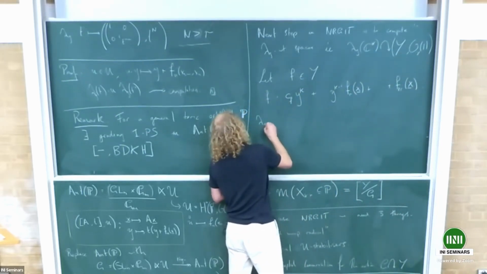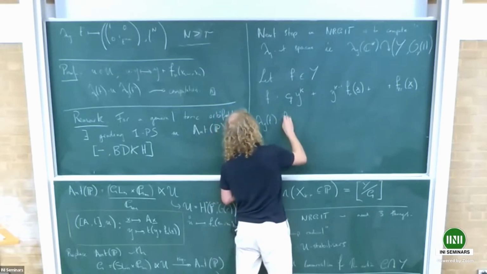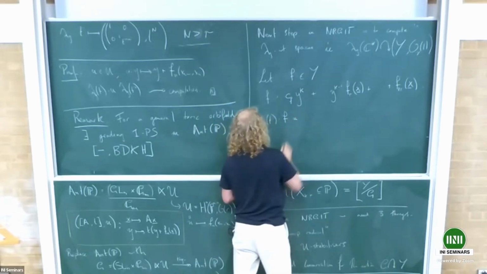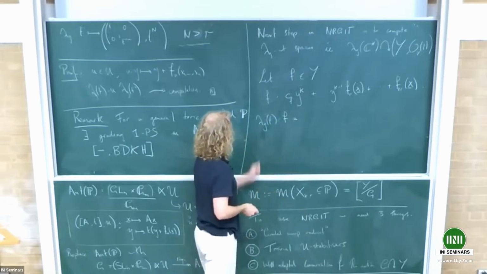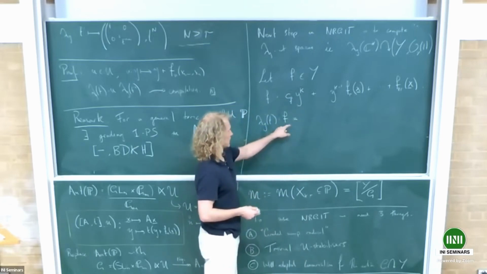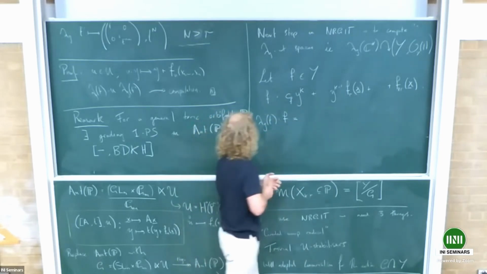Now we take lambda G of T and let it act on F. When we bring this inside for the coefficients, we basically flip the sign.